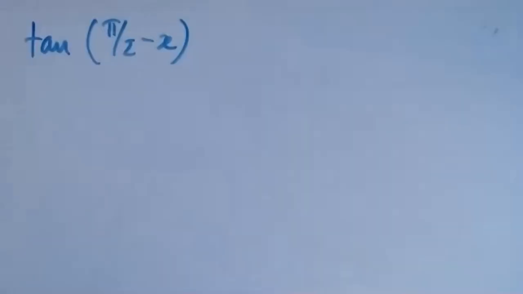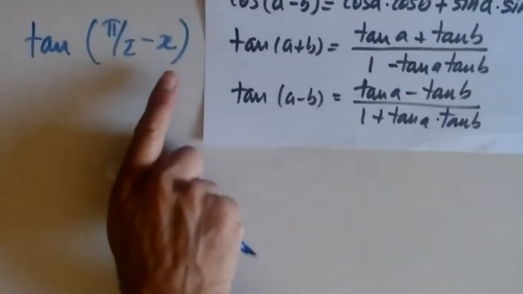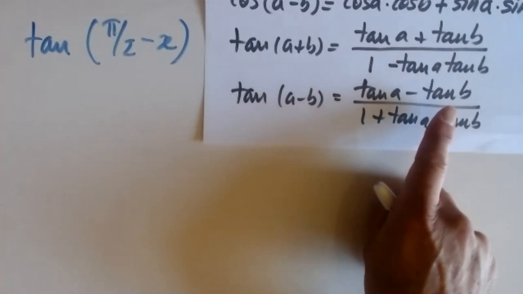You have tangent of pi over 2 minus x. For the tangent, I have this formula, you see, tangent of A minus B. So what I have to do is just open this one.